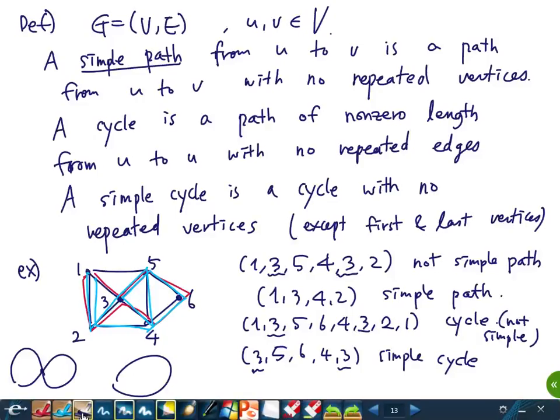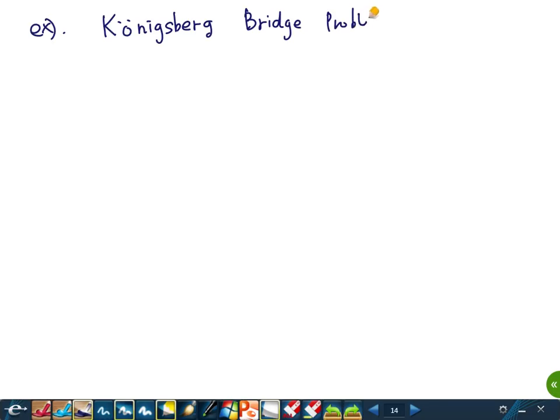So graph theory is a relatively new area in mathematics. Probably the first time it appeared in history was this famous problem called the Königsberg bridge problem. Probably you have heard of this problem. This is a city in Germany, I guess.